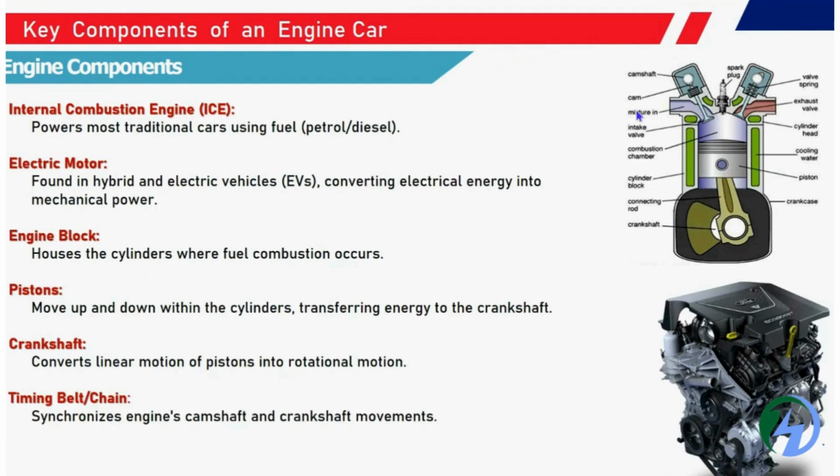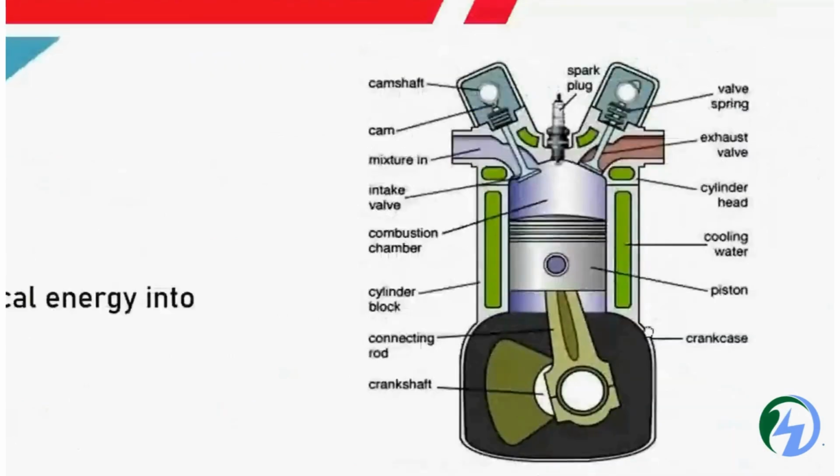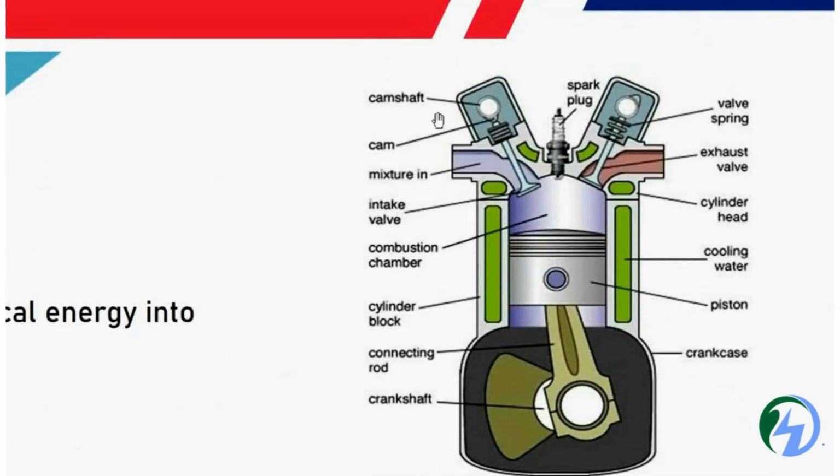Then the timing belt: the cam and crank should be synced together, and only then will the vehicle start. The valve train: the intake and exhaust should be synced together so the gases are exhausted. These are some common names. The cam is the initial phase and controls the air-fuel mixture, and for the exhaust we have the valve.